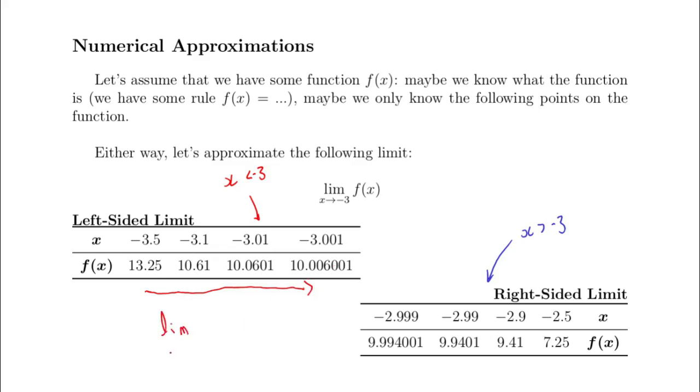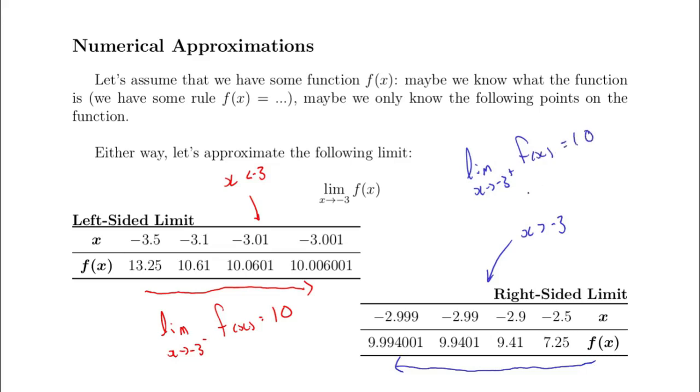It looks like in this case, as we approach -3 on the left for this function, our y values are probably getting close to something like 10. And here we have the same kind of thing. We can follow our y values from the right and see what they're doing. It looks like we've got some good evidence that this right-sided limit is also 10. These y values are getting really, really close to something around 10. And so we probably have a good guess of what this limit is, right? Our two-sided limit is probably 10.